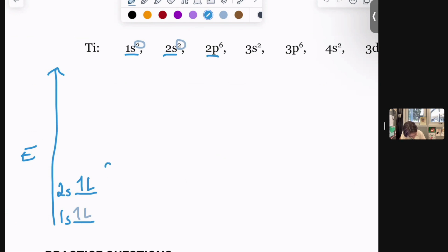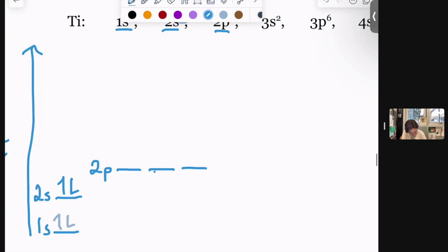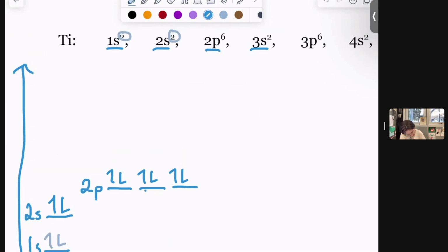2p, a little bit higher energy. And the p, because it's a p, has 3 suborbitals. And even if there's 6, practice doing the Hund's rule. They have to spread out. So I will fill these as 1, 2, 3, 4, 5, 6. So I only paired them up once I ran out of suborbitals. 3s.